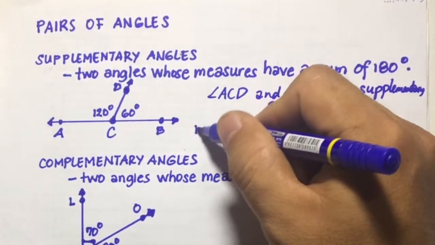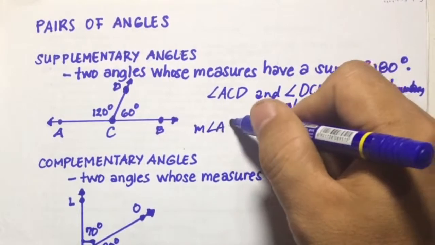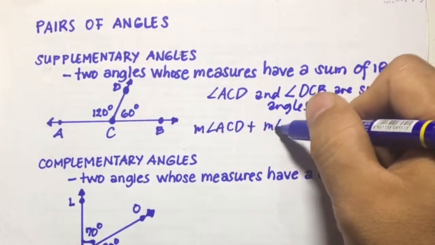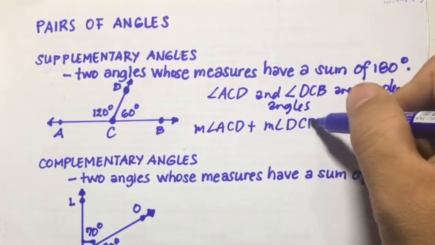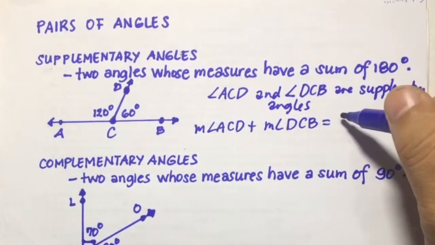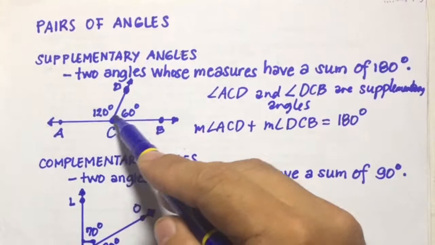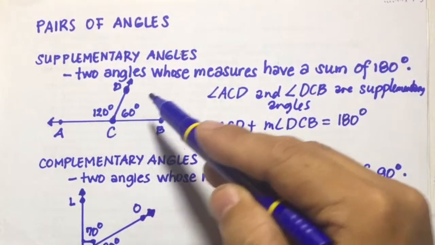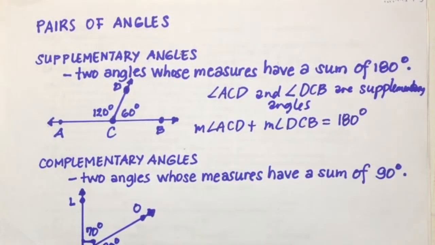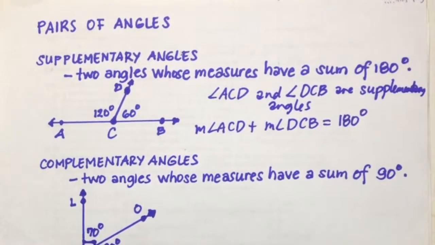So measure of angle ACD plus measure of angle DCB will be equal to 180 degrees. It's because 120 degrees plus 60 degrees is equal to 180 degrees. So they are supplementary angles.